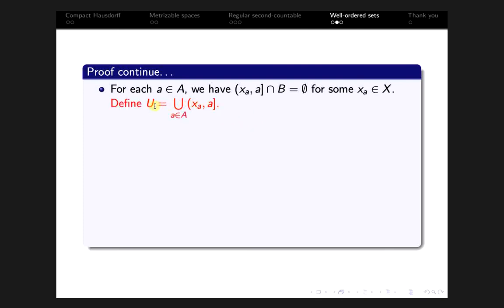So we define U equal to the union of such basic open sets (xa, a], where a belongs to A.